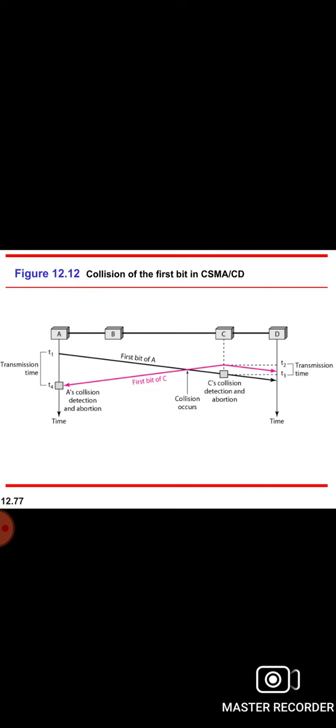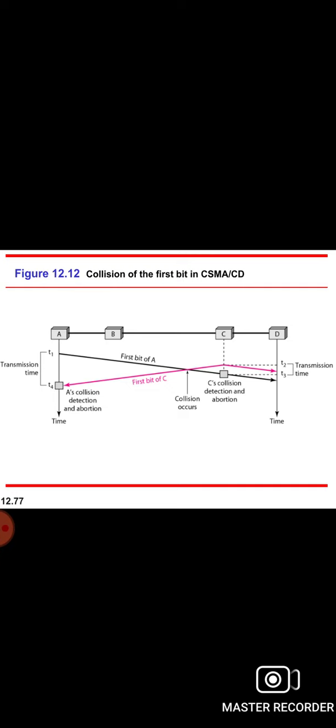And the third difference is sending a short jamming signal that enforces the collision in case other stations have not yet sensed the collision. We can say that the level of energy in a channel can have three values: zero, normal and abnormal. At the zero level, the channel is idle.